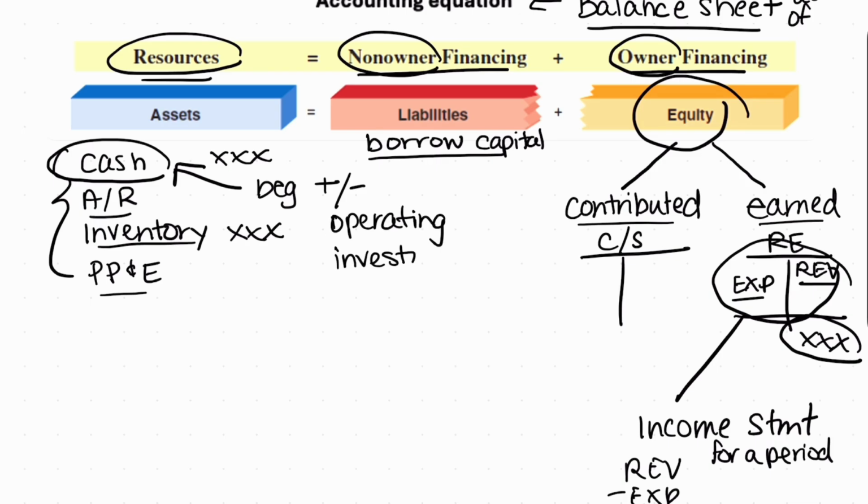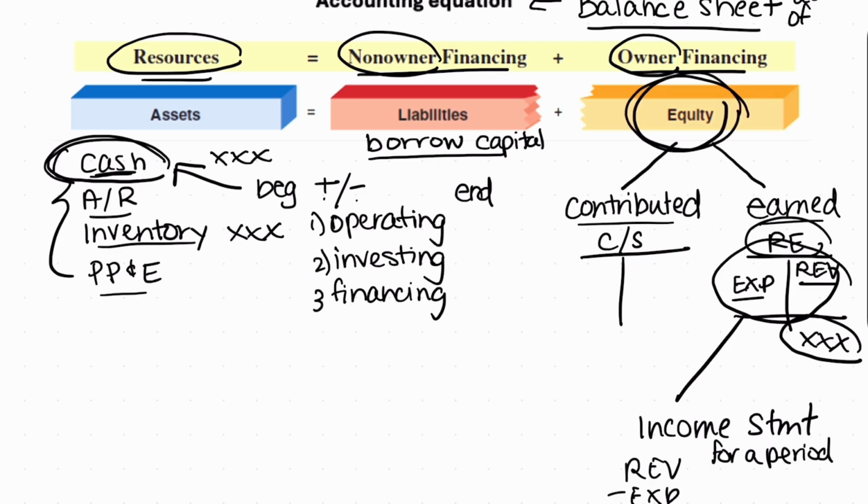Investing, which is likely things that we did to promote growth in our organization, or financing, which involves borrowing or paying back funds. We're going to separate out all the positives and the negatives into these 3 categories, and then we're going to show how that got us to the ending balance of cash. So it's like double clicking on this number on the balance sheet and having it expand and show us all of that detail, the statement of cash flows. So each of the financial statements is zooming in on a different part of the balance sheet, either retained earnings, equity as a whole, or cash.